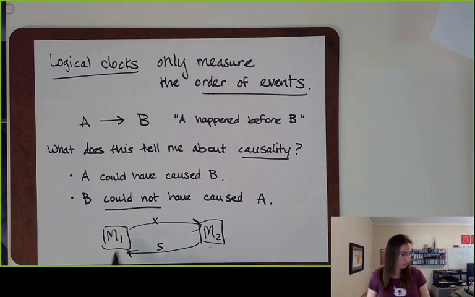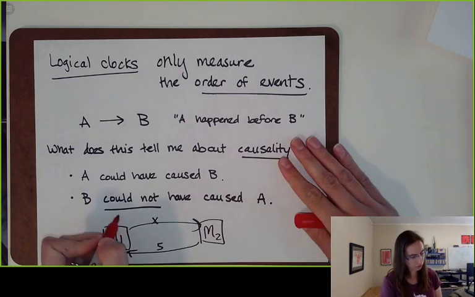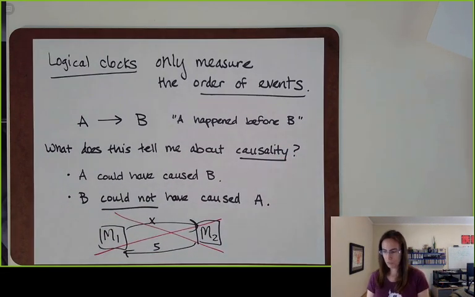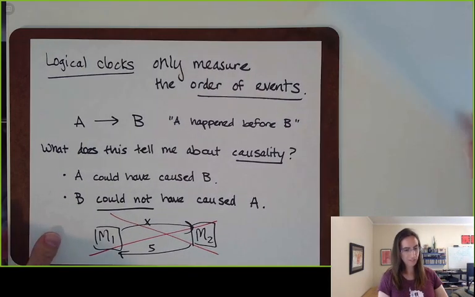I don't know which of these messages came first and which came second. So instead of drawing pictures that way, we're going to introduce a new visual language for talking about the execution of a distributed system that will let us talk about time. For that, we're going to use what are known as Lamport diagrams.